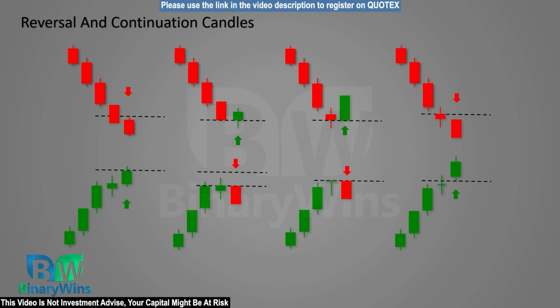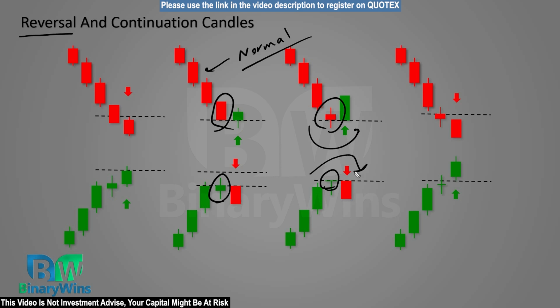An important point: in reversal candles like here, here, here, and here, if we have a normal trend instead of a momentum trend, that is, our trend consists of green and red candles, these patterns will be stronger.